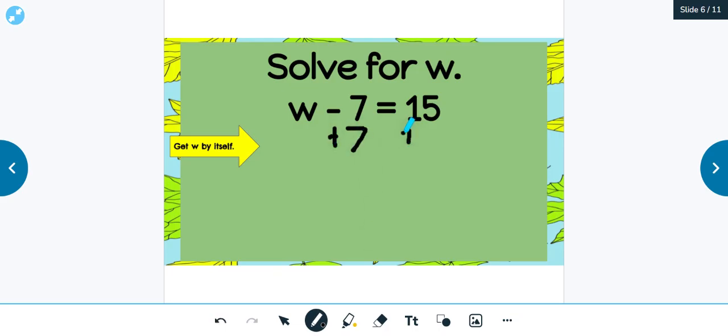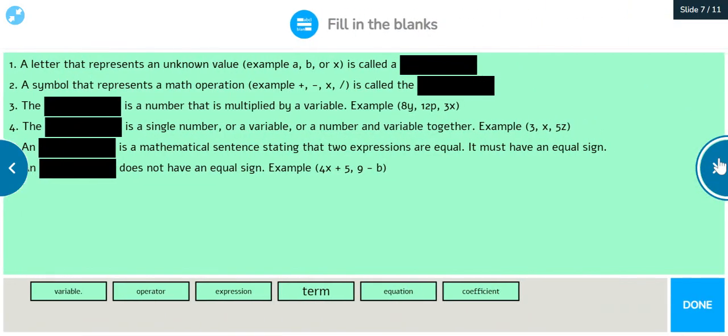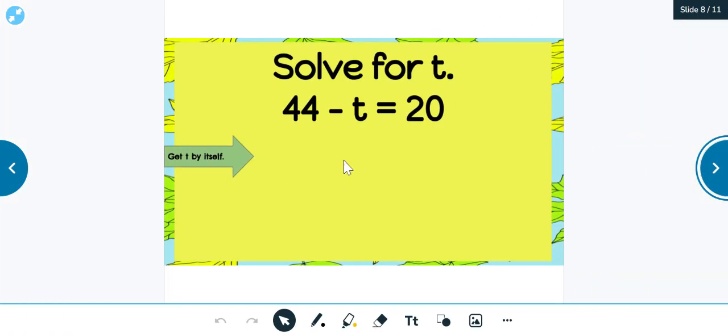I'm going to be sure I add 7 to both sides of this equal sign. Remember that balance scale, we've got to do it to both sides to keep it balanced, to keep it equal. Negative 7 plus 7 is just 0, so I'm going to cross that out, and we're left with w equals 15 plus 7, which is 22. Vocabulary check there. I'm going to keep on solving.